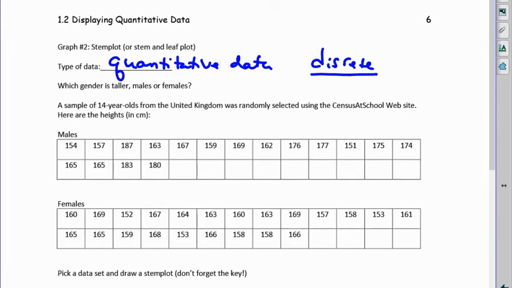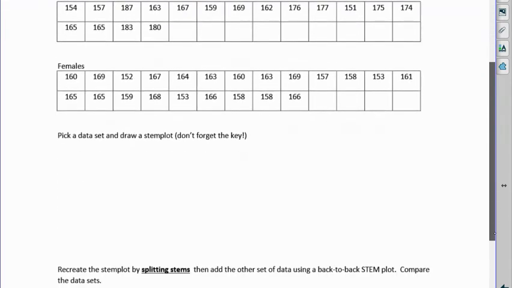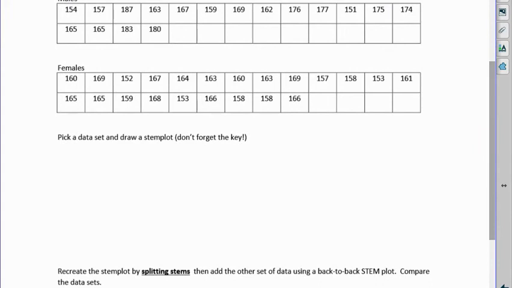And I've also entered this into my calculator. So I'm going to pick one of these, and I guess I'll just pick the males mainly because there's slightly less males. I'm going to draw this as a stem plot, and then I'm going to recreate it as a split stem plot and a back-to-back stem plot. So going in to do my stem plot.